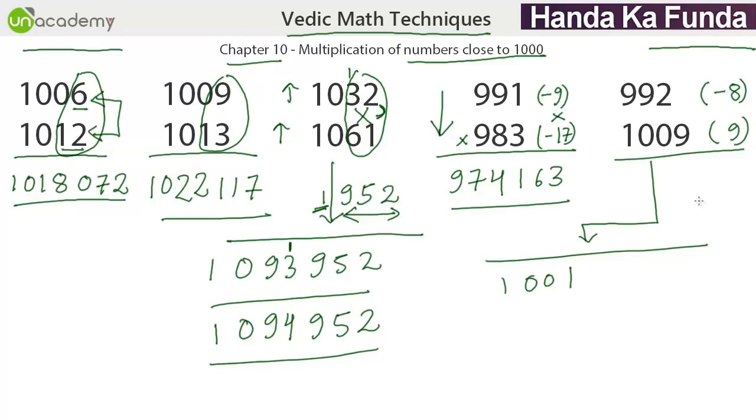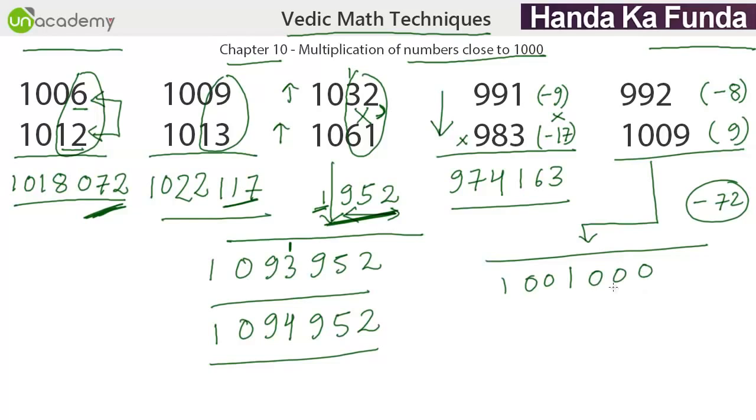But now the problem is that the product is minus 72. Earlier the product was always positive. Here 9 into 13 was 117 positive, 6 into 12 was 072 positive, 32 into 61 was 1952, which was also positive. But now I am getting a negative number. So what do I do? Well, I just subtract that.